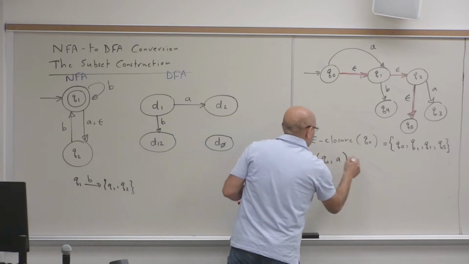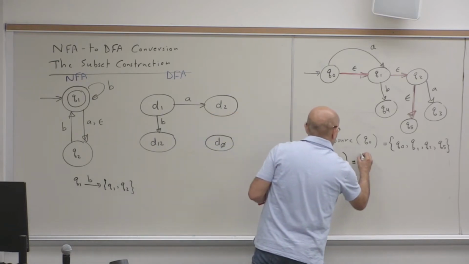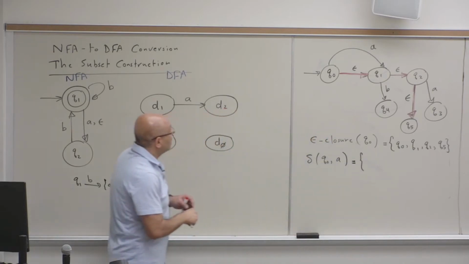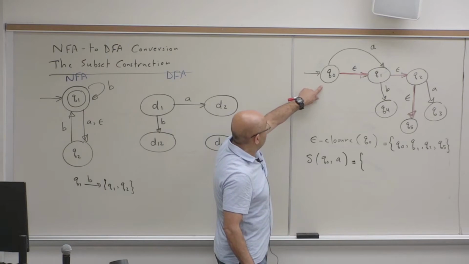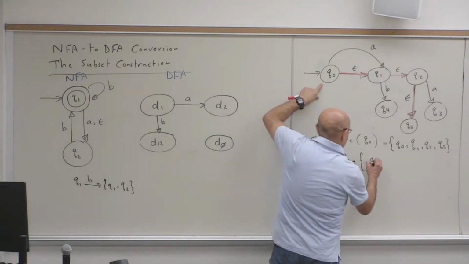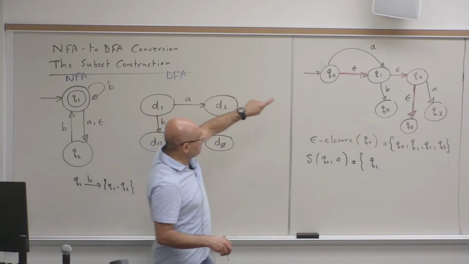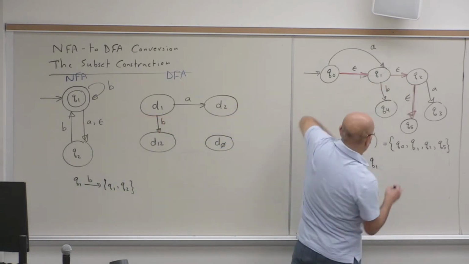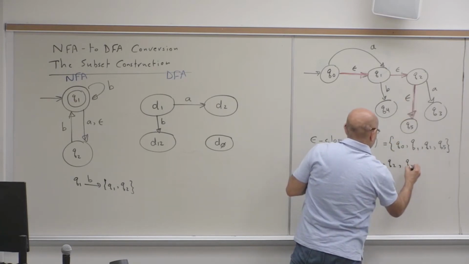If I get an A when I'm in Q0, then I will go to Q1, but then the epsilon closure can take me to Q2 and Q5.